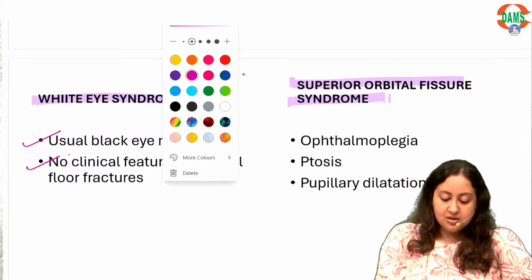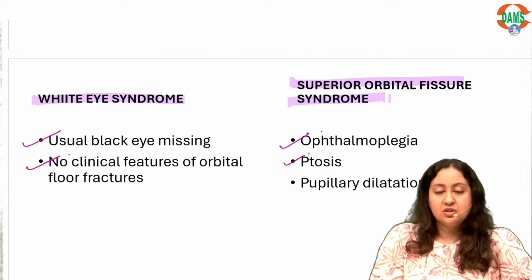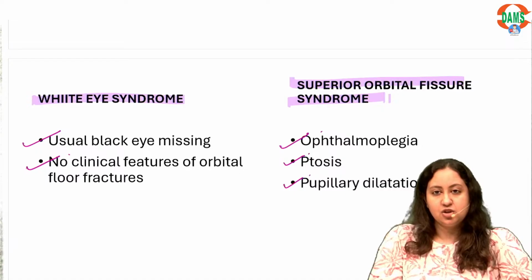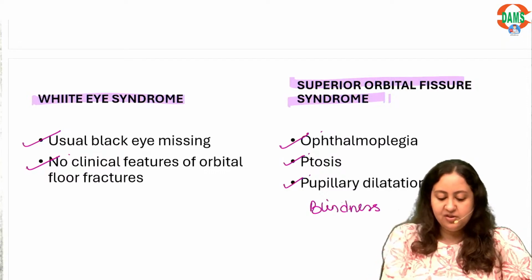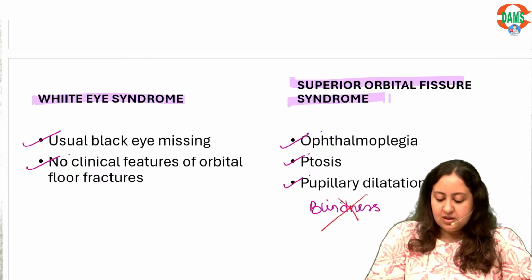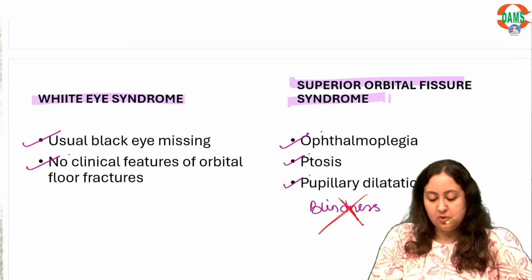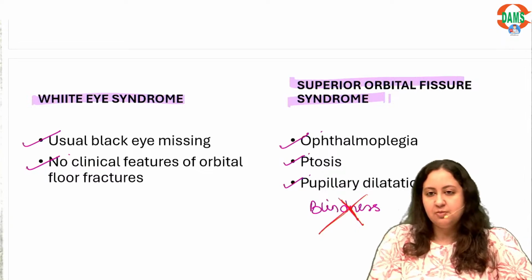So there is ophthalmoplegia, ptosis, and pupillary dilatation. Please remember there is no blindness in superior orbital fissure syndrome because the optic nerve does not pass through here. So you have to remember these two and differentiate between them.